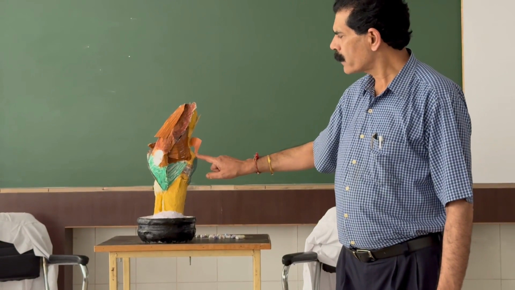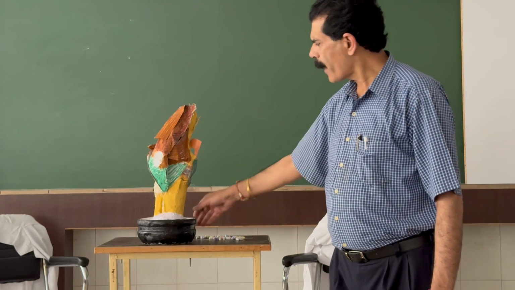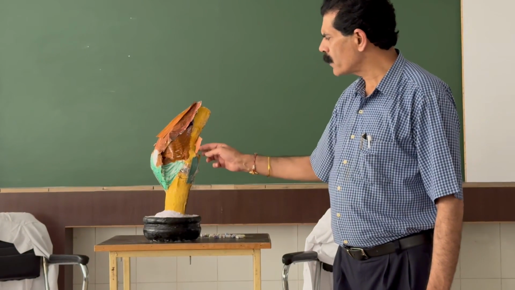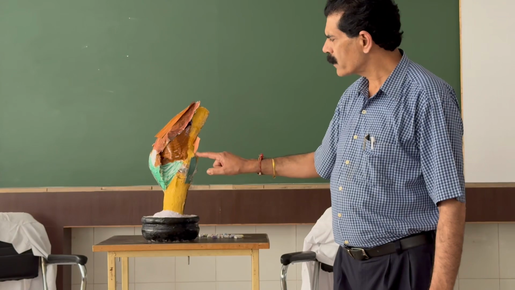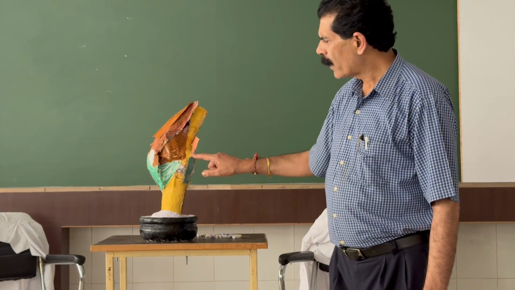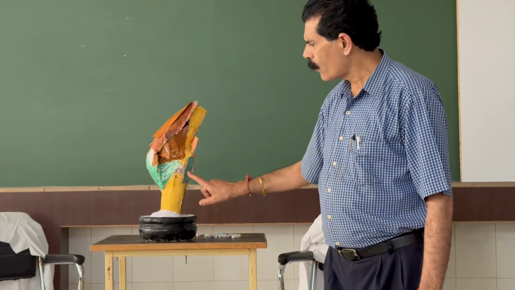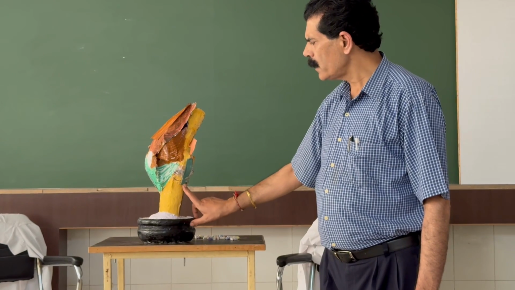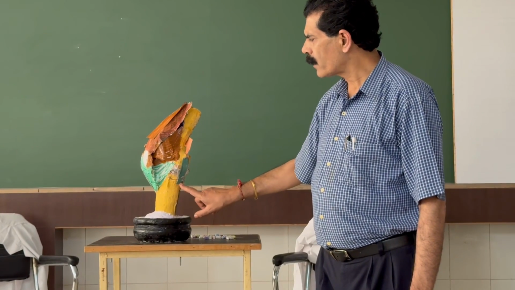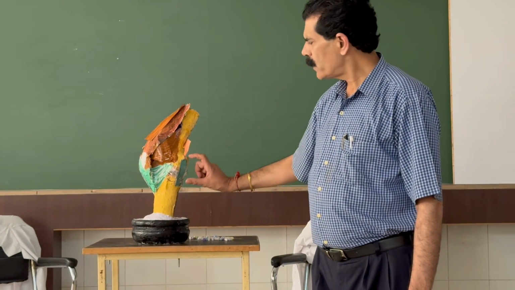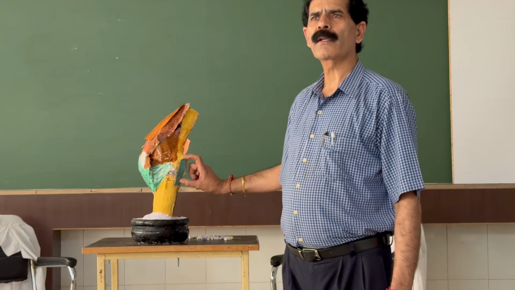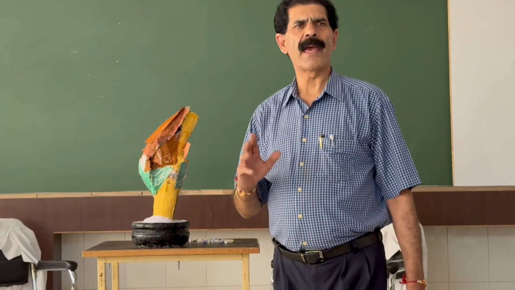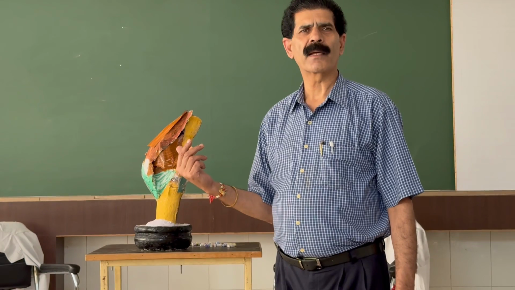Beyond the adductor tubercle, only the aponeurotic fibers of the hamstring part of the adductor magnus start from the adductor tubercle, running downward, and they get attached to the medial surface of the medial condyle of the tibia. So this green band of the tibial collateral ligament constitutes the hamstring part of the adductor magnus.